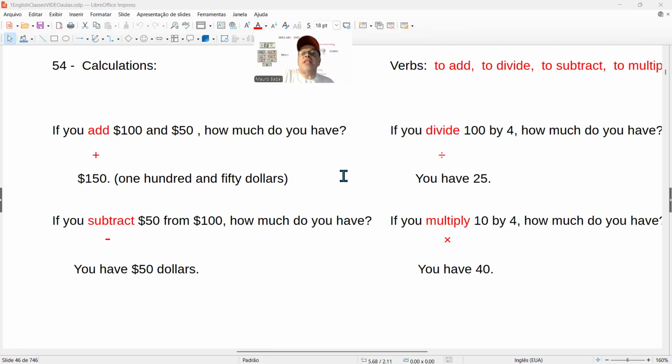If you add $50 and $50, you have $100. Perfect. If you add 50 cents and 50 cents, how much do you have? Excellent. If you add 50 cents and 50 cents, you have $1.